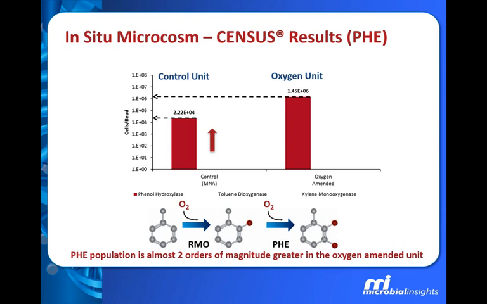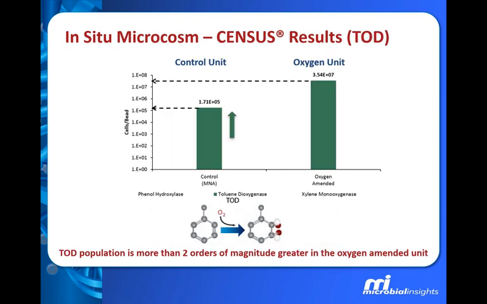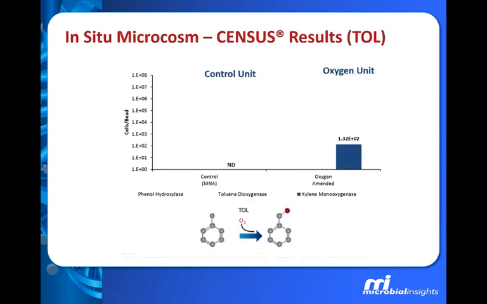And what we see, first of all, looking at phenol hydroxylase, is a 2 order of magnitude increase in the concentration of those genes, well over a 2 order of magnitude increase in the concentration of toluene dioxygenase genes.